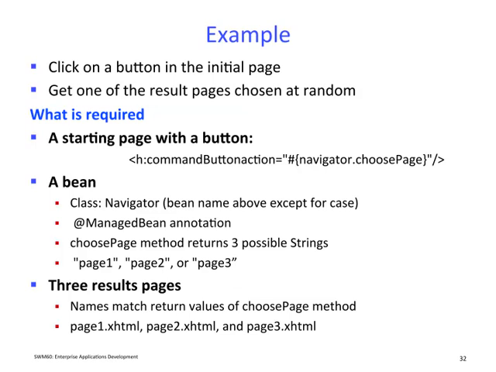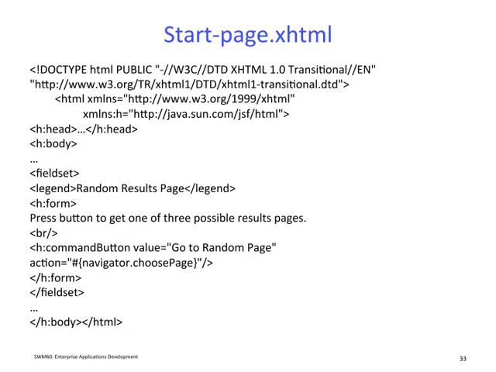So again, the first bit is the same for all our code, and in the body we specify the field set, random results page, call it. So in the form, we say press the button to get one of the 3 pages, and put the button on the page, h:commandButton, so always use the prefix h for the HTML command button, and then the value go to random page, and the action.